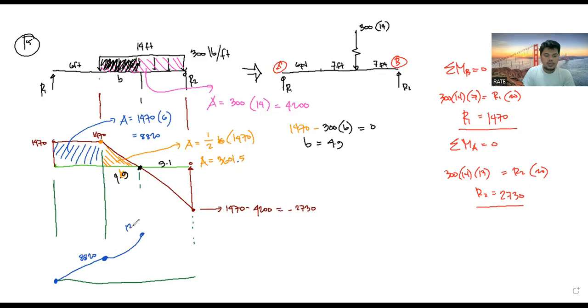So 12,421.5. And then next you have to consider this area. The area here is equal to 1/2 times base 9.1 and the height is 2730.